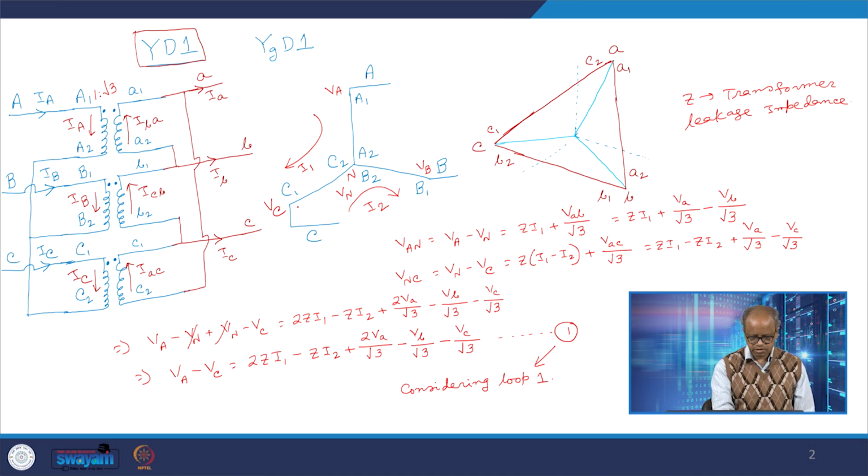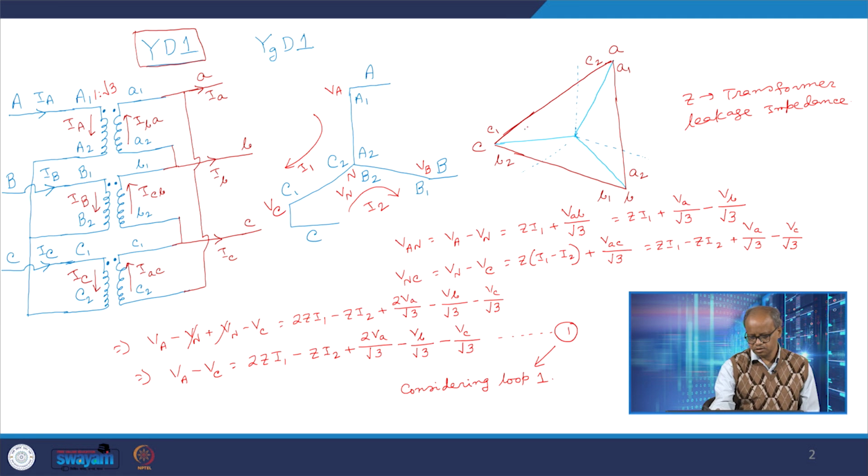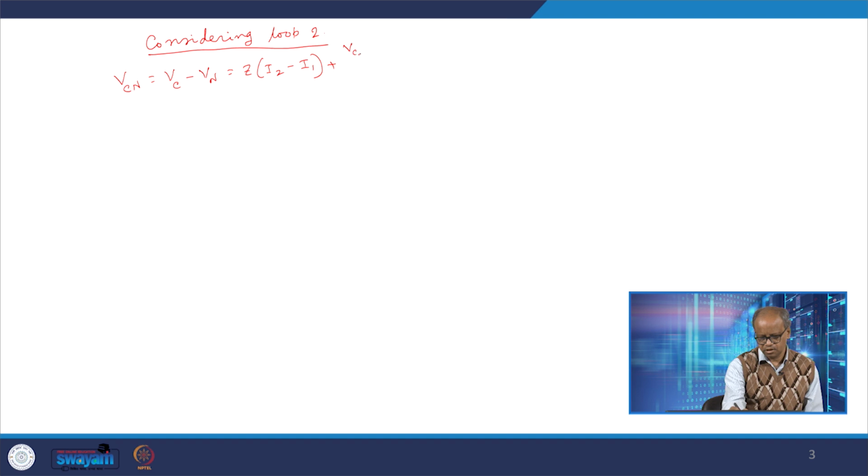In this direction the net current is I2 minus I1, so the drop is Z into I2 minus I1, and the reflected voltage in this direction would be VCA by root 3. So it is basically Z into I2 minus Z into I1 plus VC by root 3.